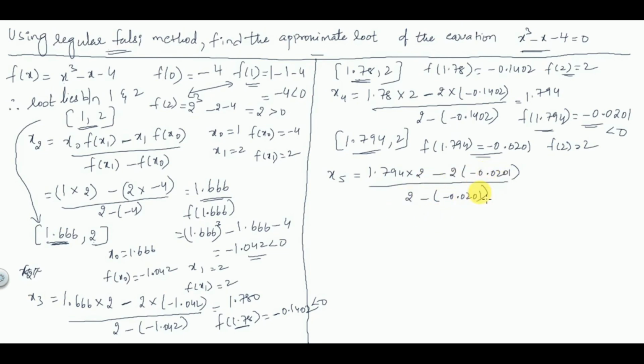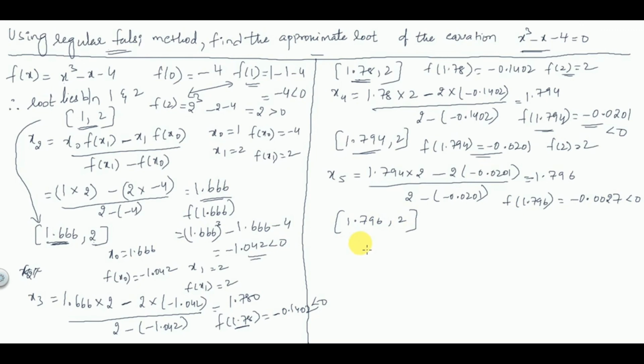So if you find this value, you'll get around 1.796. So f of 1.796, if you find, it will be around minus 0.0027. Still it is less than 0. So now the root is bracketed between 1.796 and 2.